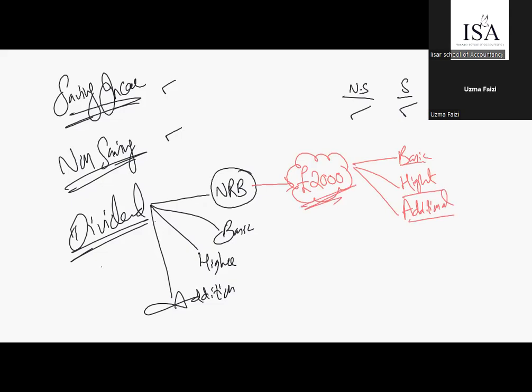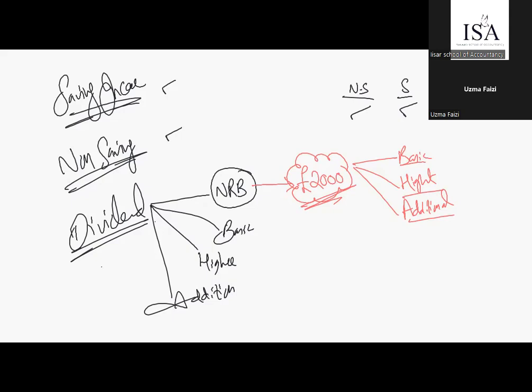Now, in savings income, we do have a nil rate band, but the limit of the nil rate band in savings income was 1,000 if it is a basic taxpayer, 500 if it is a higher taxpayer, and 0 if it is an additional rate taxpayer.